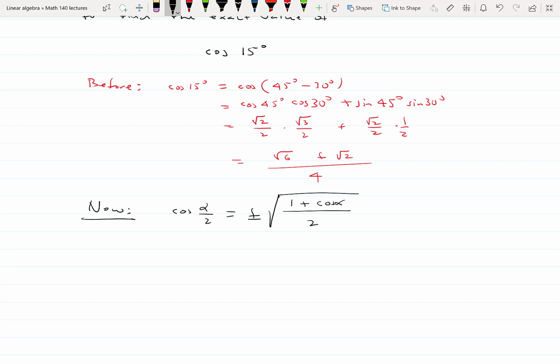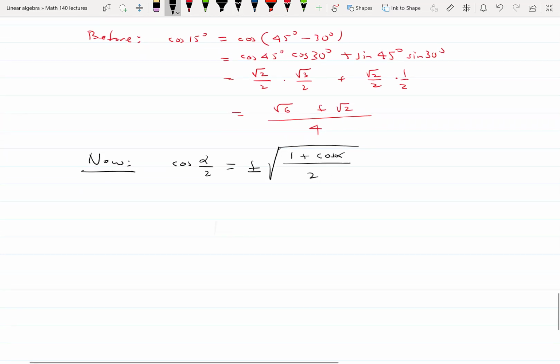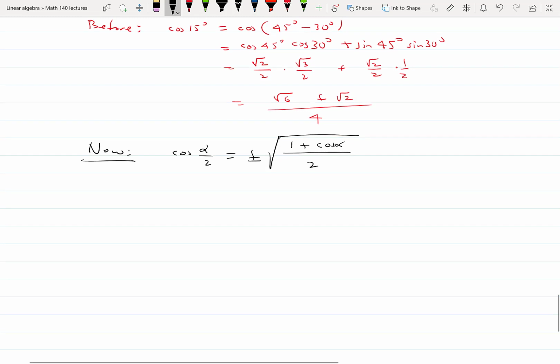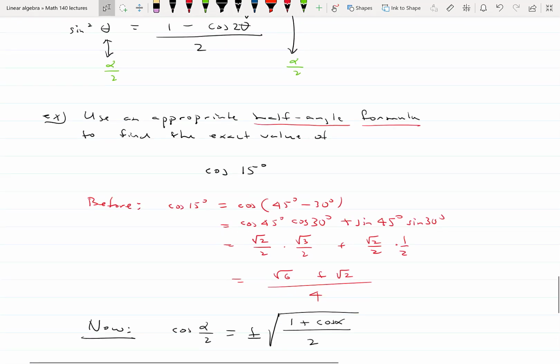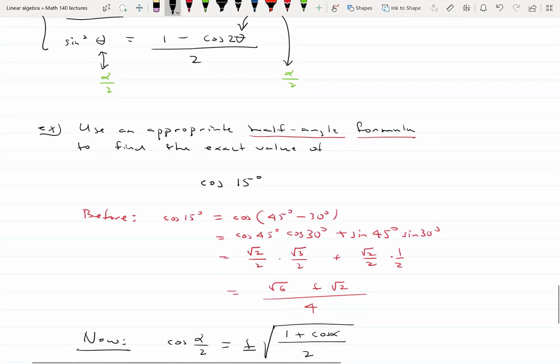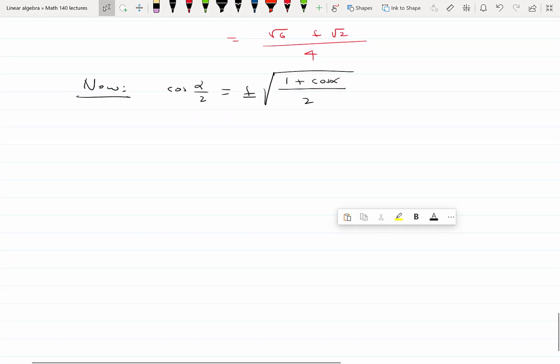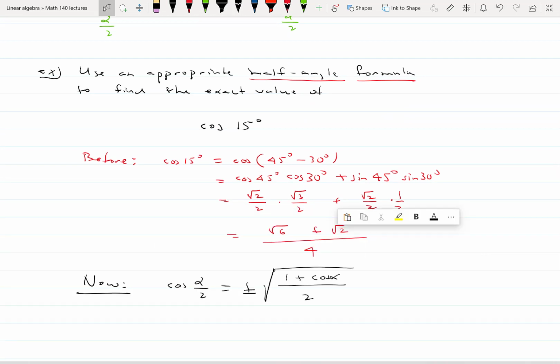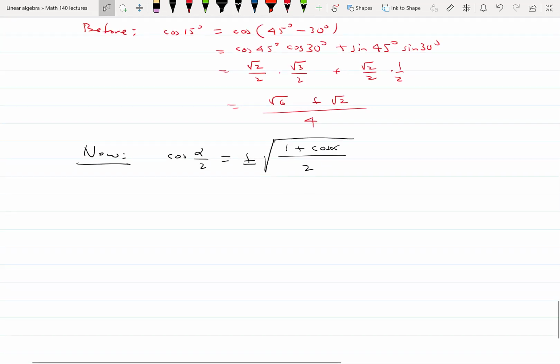Where did I get that? It's right on our identity sheet. So don't worry if it looks unfamiliar to you. This is the first time you've seen it. It's okay. It's right up there. It's derived very similarly to the half-angle formula that I just derived for you for sine squared alpha over 2, or sine of alpha over 2. Okay? All right. So let's do this.